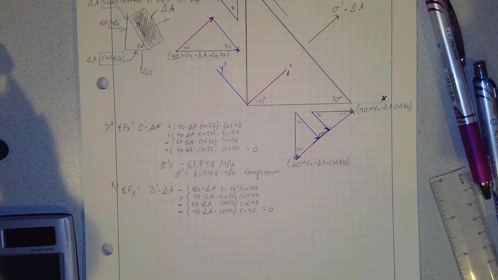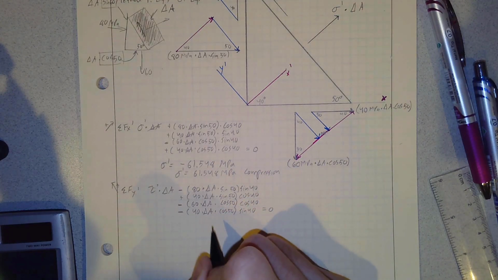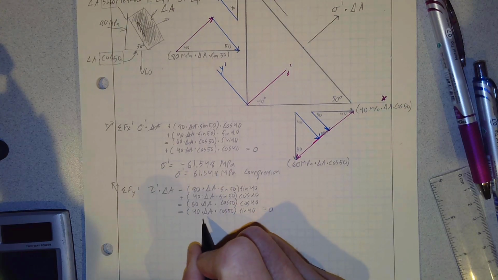Okay, minus 60 times cosine 50 times cosine 40, minus 40 times cosine 50 times sine 40. And I get all of that is equal to negative 61.99.